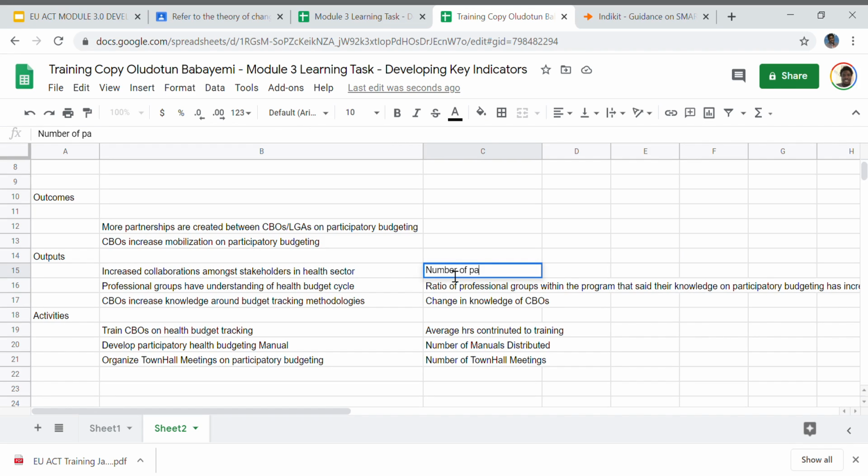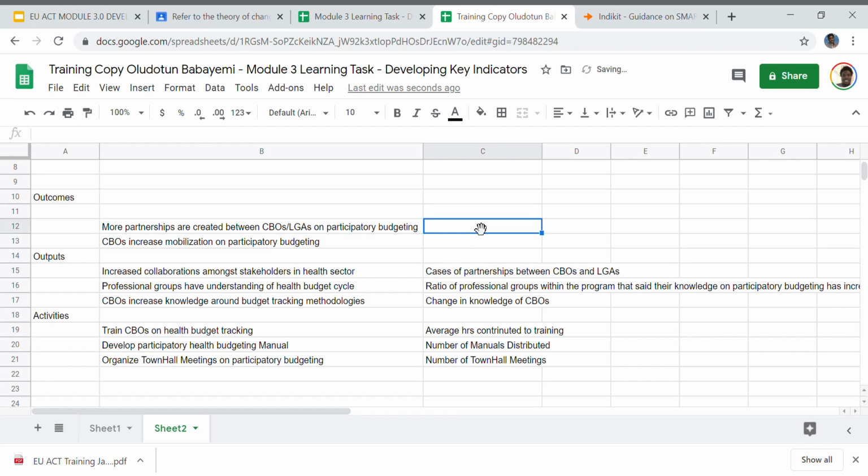Number of partnerships, or cases, let's use cases of partnerships between CBOs and LGAs.